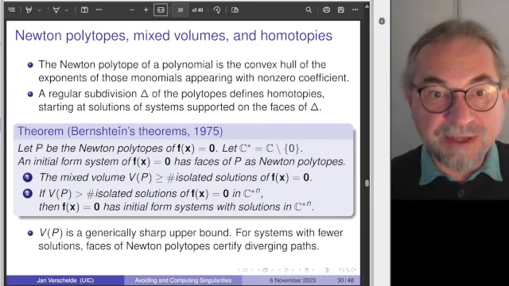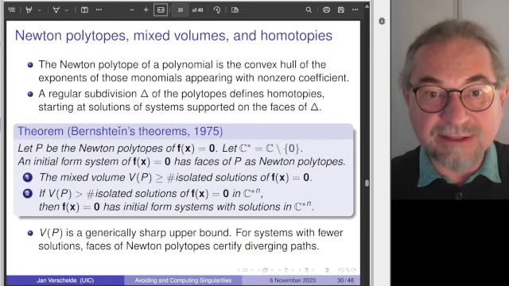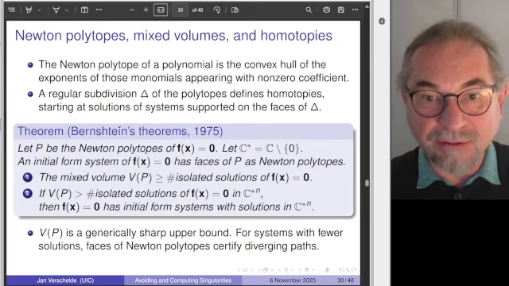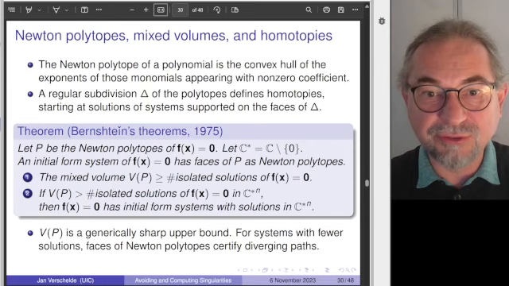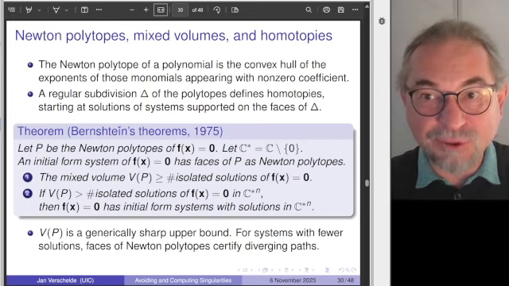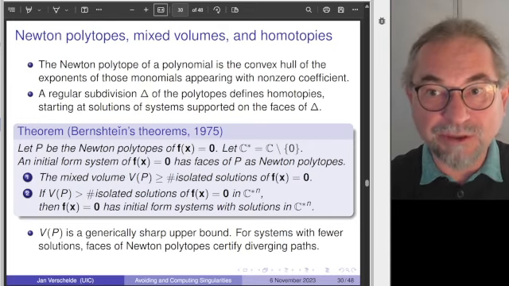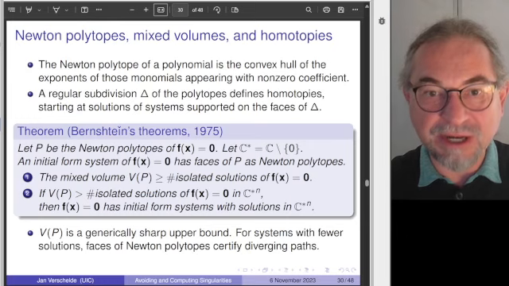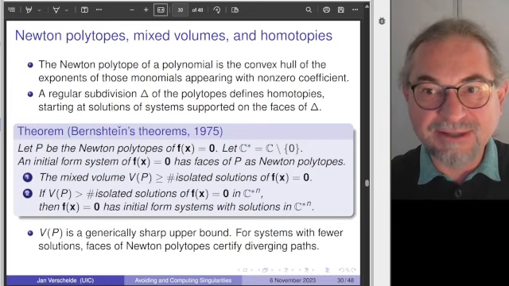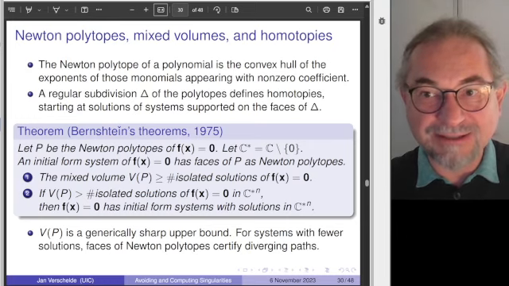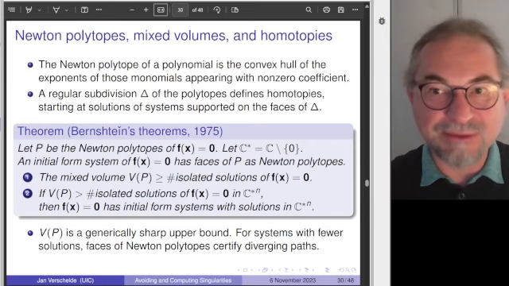So here are the two theorems stating that the mixed volume is a bound on the number of isolated solutions. I'm not defining mixed volumes here, but you could say that if you have a system with random coefficients, as many equations as unknowns, then the number of solutions of that system is a constant, and that is the mixed volume.